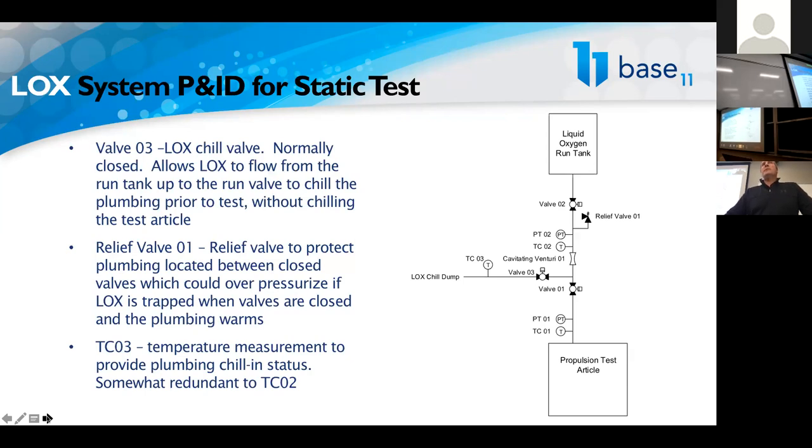And so we want to pay attention to the rates that we build pressures and things like that when we're chilling to make certain that velocities don't create issues. Notionally, in stainless steel plumbing, gaseous velocities below 150 feet per second are not going to create risks of particle impact ignition. But you'll get that information in great detail from Joel Stoltz's presentation that NASA has arranged for you guys to have access to.